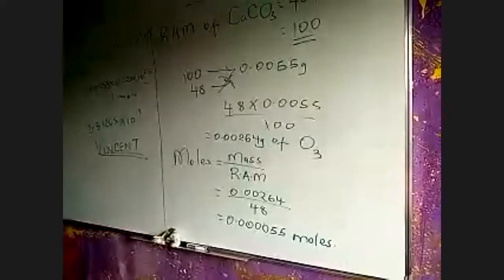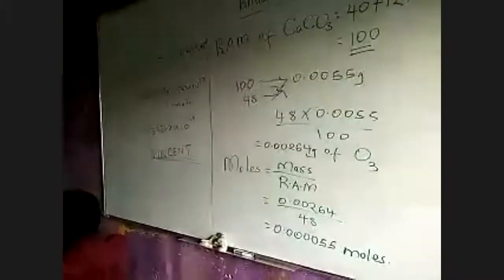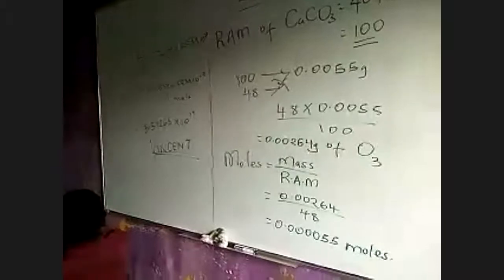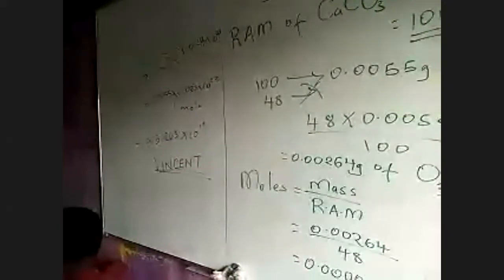And you've gone, okay, 0.000055 moles times that comes up with your answer. But it's missed out, I think, the fact that there are 3 oxygens. That's a 3-mark question. That's only one of them missing. So that's very good. Round of applause for Vincent, please. Come on, everybody.